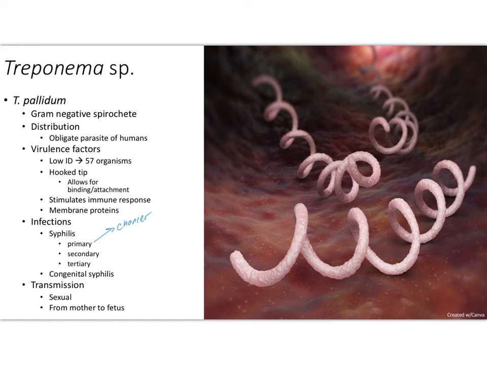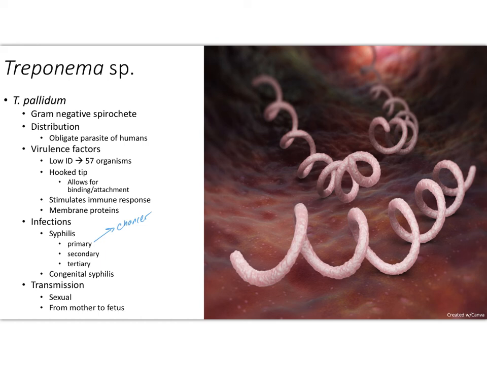It may take 20 years or so for someone to notice that they have tertiary syphilis, but once they notice it, typically the bacteria has done fairly extensive damage to the brain, to the spinal cord, and to the cardiovascular system. And although they could still potentially take antibiotics and get rid of that infection, the tissue damage will have been done, and a lot of times it can't be healed.